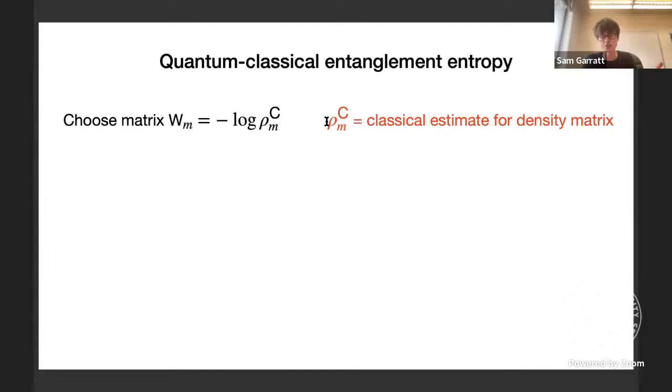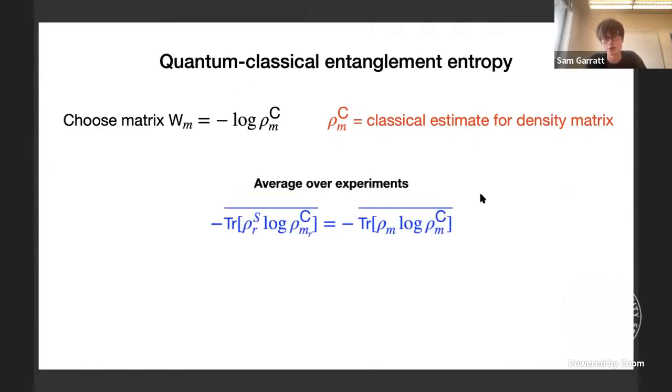Maybe it's an approximation, but we have some guess for the post-measurement density matrix. WM is minus the log of this object. Every run of the experiment, we get some shadow and some rho C MR, our classical guess. We construct the log of that, take the product, trace, and average. We wash out fluctuations and we get this thing on the right.